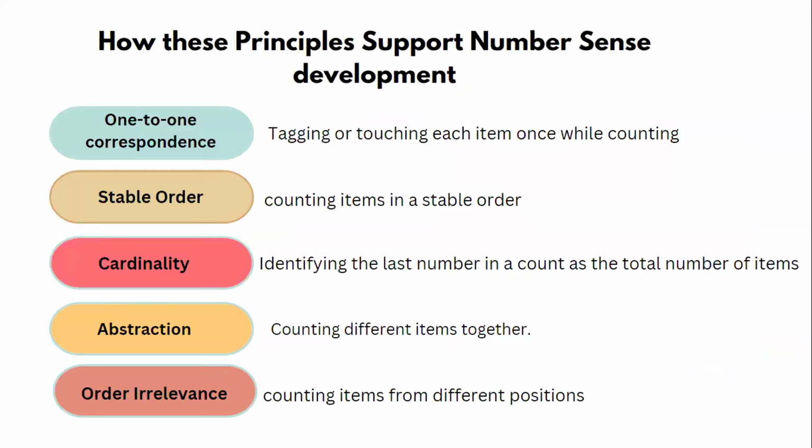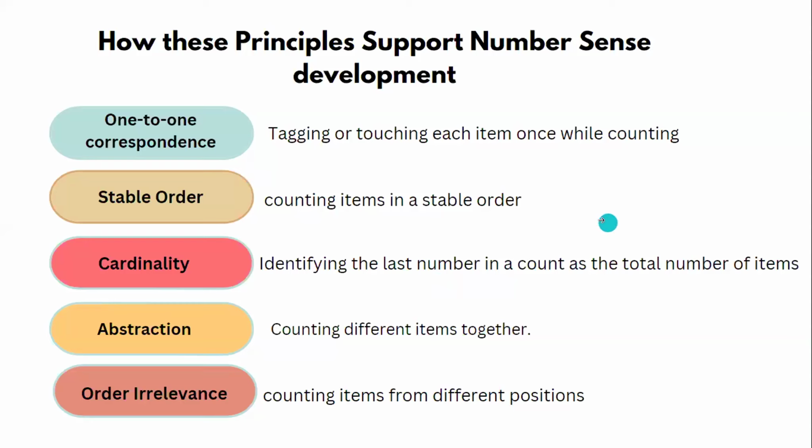The one-to-one correspondence is when the child is counting, they touch each item once. Whatever has been touched once is not counted again, and they continue with the other counting. Then we have stable order, where they count in a particular order: 1, 2, 3, 4 going onwards.